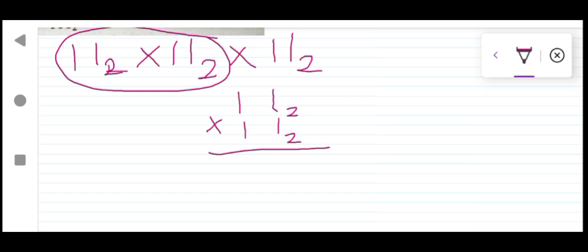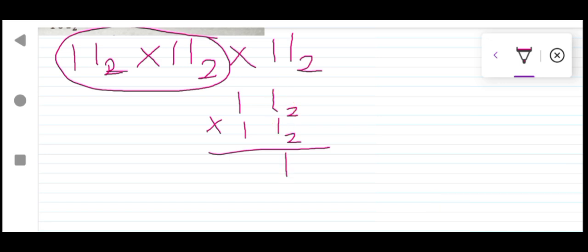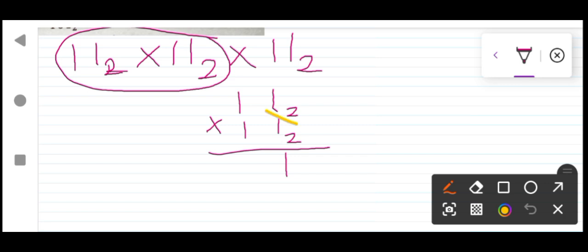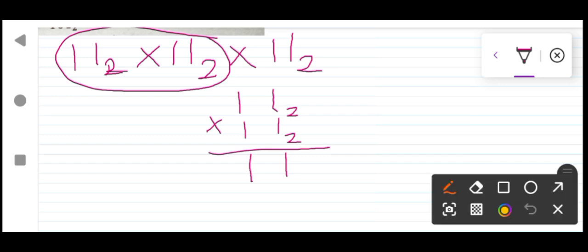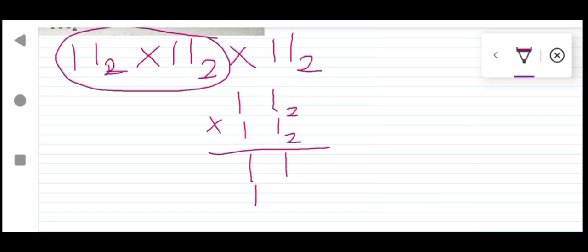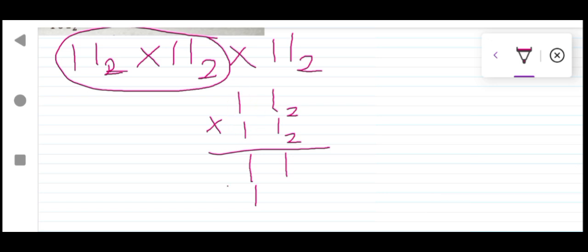So let's go. 1 times 1 is 1, and 1 times 1 is 1, and the next 1 times 1 is 1. Likewise, 1 times 1 is 1.